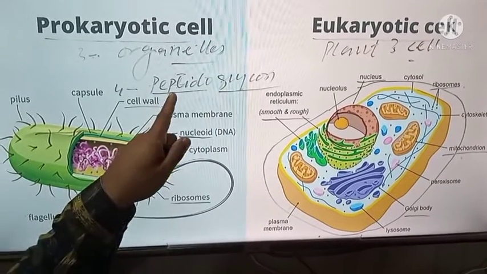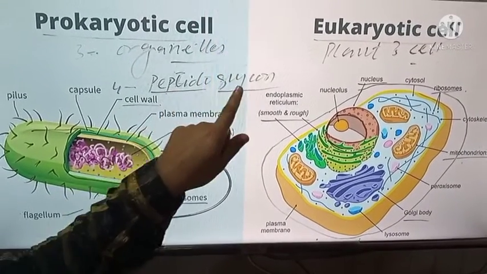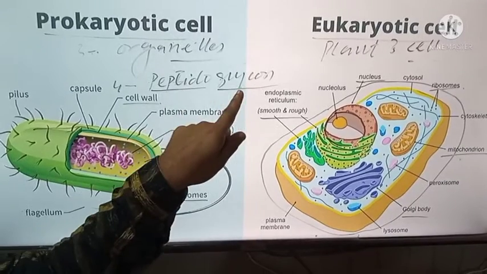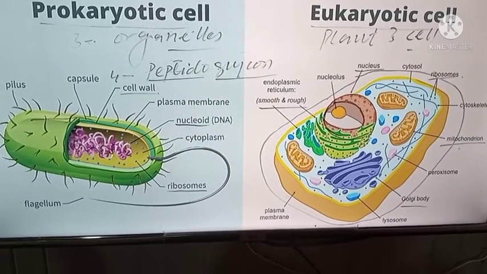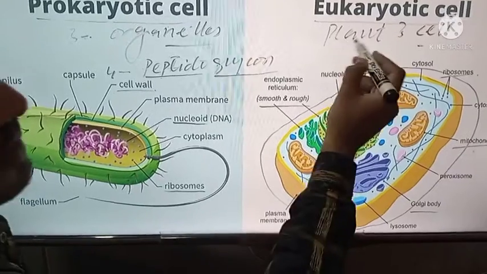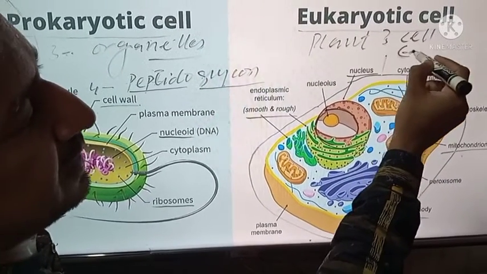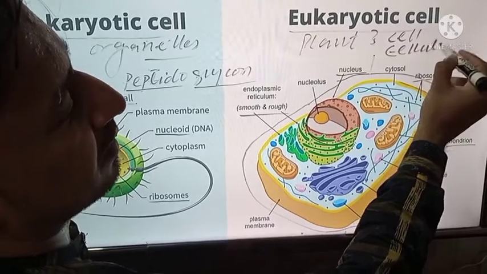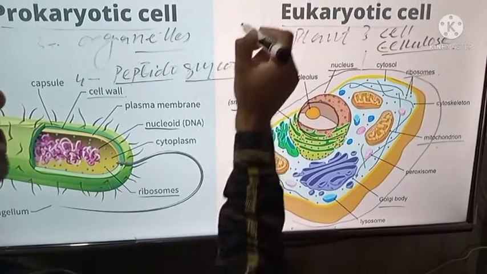So the prokaryotic cell wall is much more complex, made with amino acids and glycan sugar, meaning protein and sugar formation. When we discuss eukaryotes, especially plants, the plant cell wall is made with a simple single molecule like cellulose, the same as fungi.